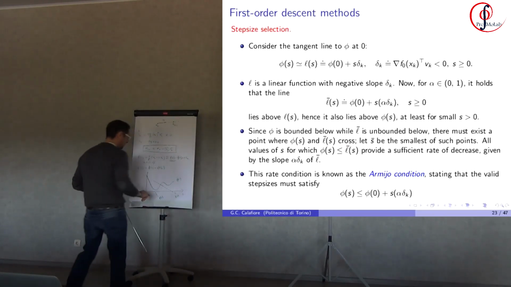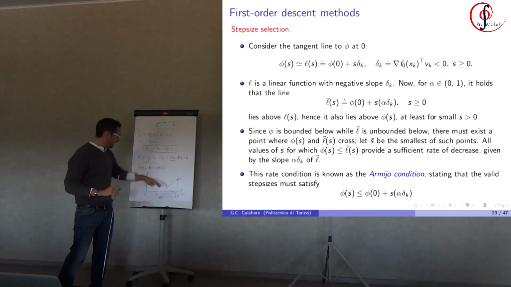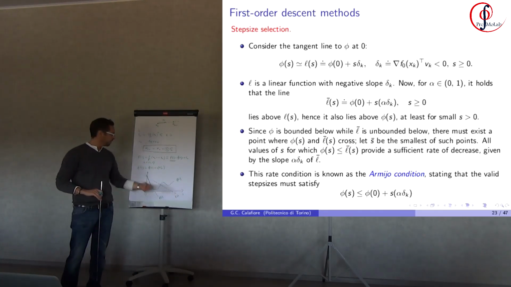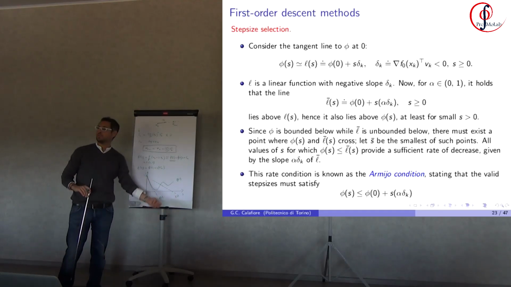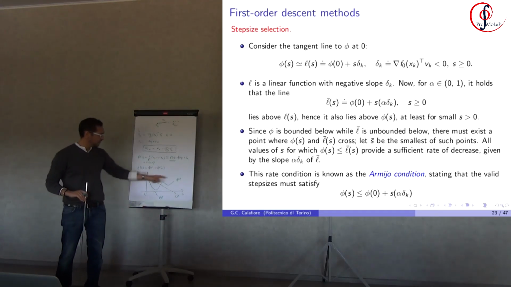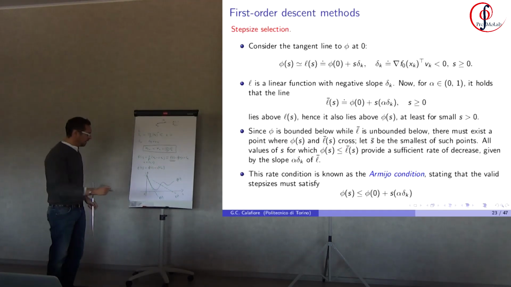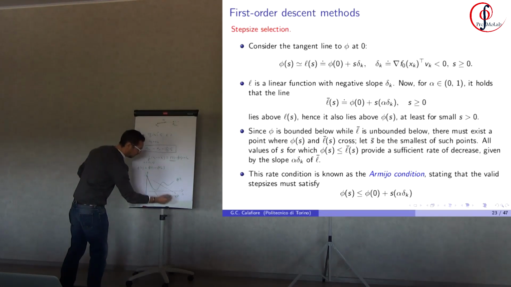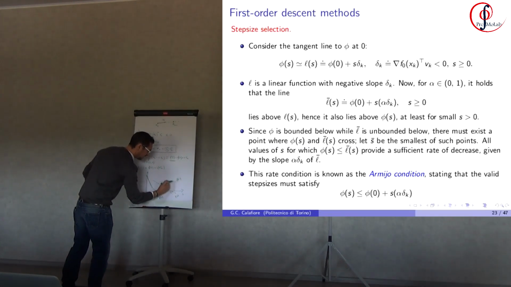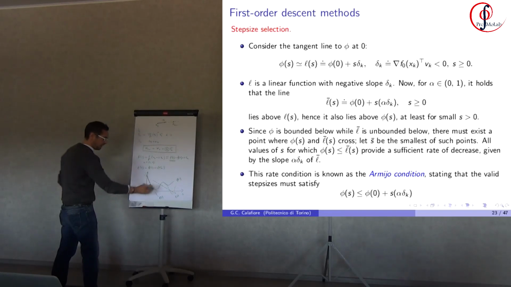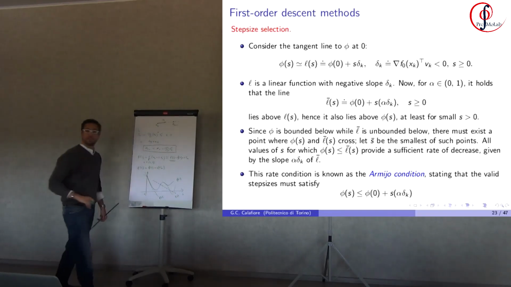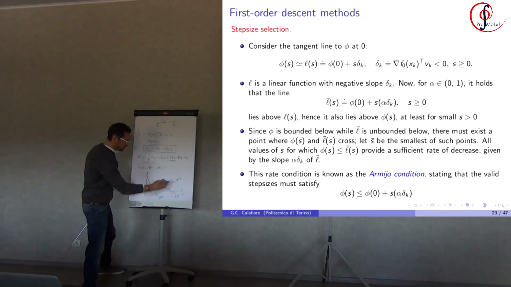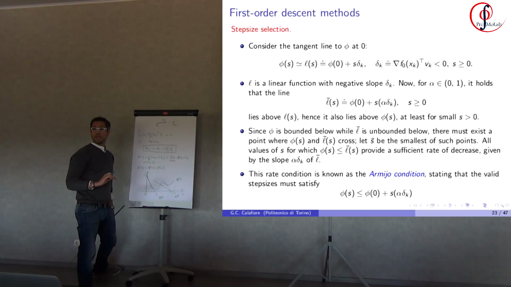And the reason we do this is that this line l bar defines what we consider a sufficient rate of decrease of our function phi of s. Since this line will at some point, or maybe even in more than one point, cross the actual function phi of s, we say that we are happy with all those points where phi of s is below this line l bar.